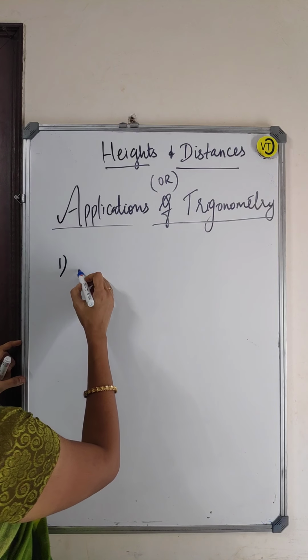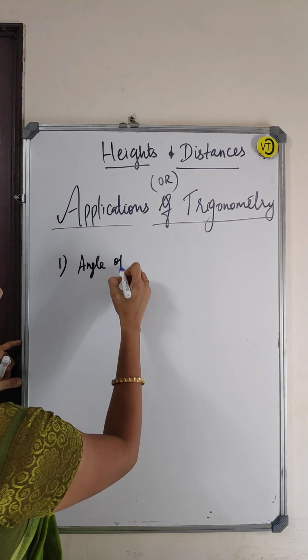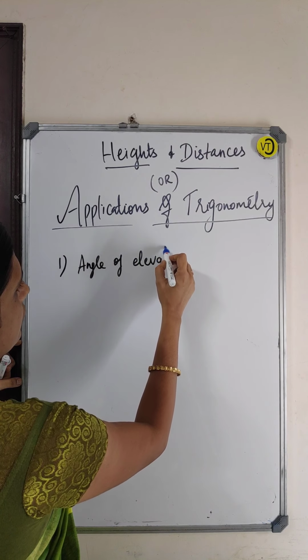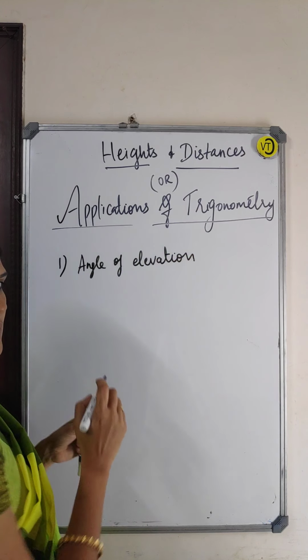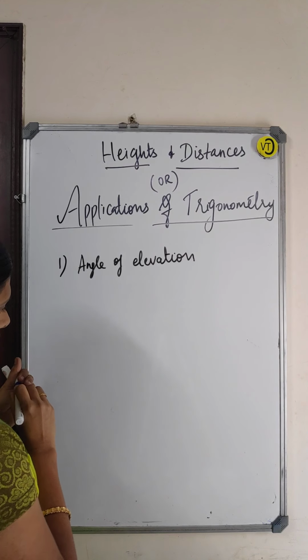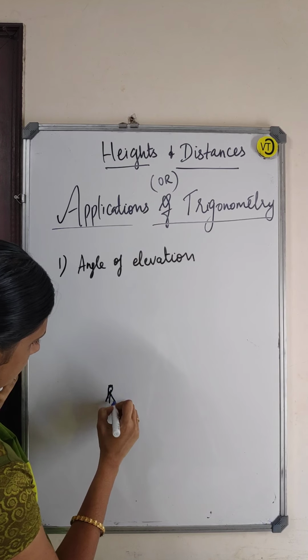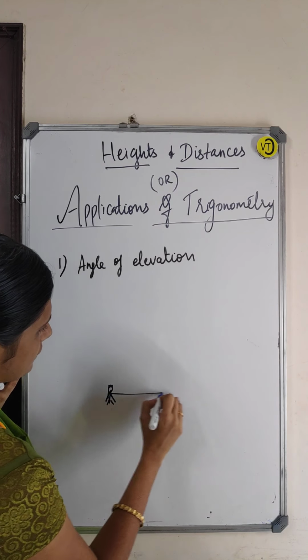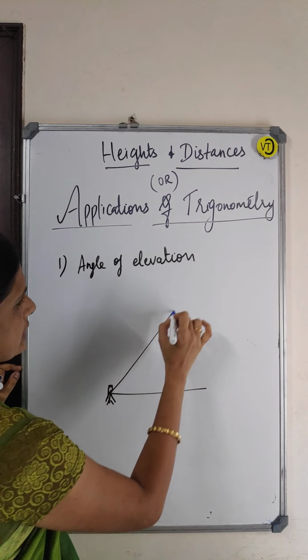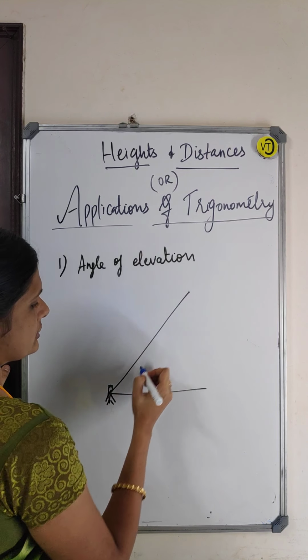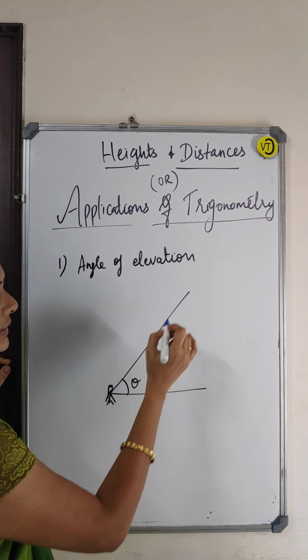So first I told you angle of elevation. Angle of elevation in the sense, here you are standing. This is the ground level. You are seeing an object at some angle theta.